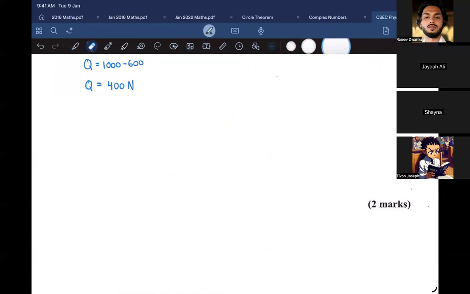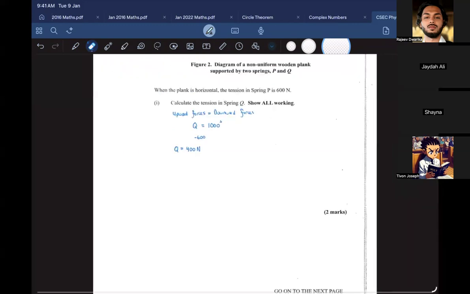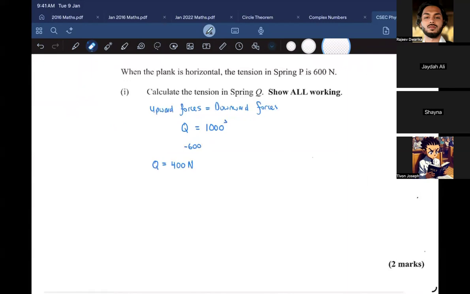And if I wanted to find the extension, what would I do? Minus the new length from the original length. No, minus the original length from the new length. Great. Because the new length will obviously be bigger, right? Because if you apply a mass to a spring, the spring would extend, so this new length would be more than the original length. So I feel like you understand everything there, right?